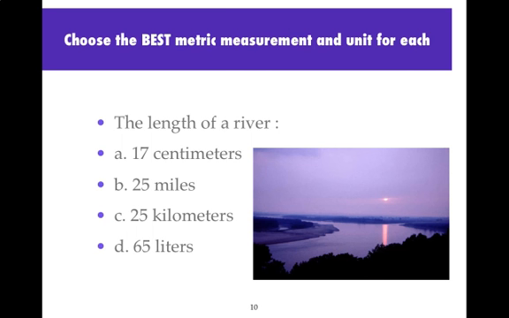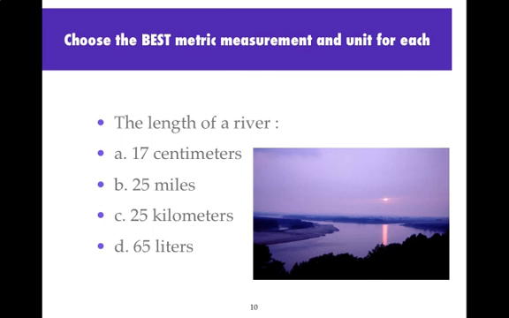Okay, so we're measuring length. So you need to look at the units that are offered there. Okay, so we have centimeters, miles, kilometers, and liters. Right away, you should be able to eliminate 65 liters because that does not measure length. So now we're left with centimeters, miles, and kilometers.